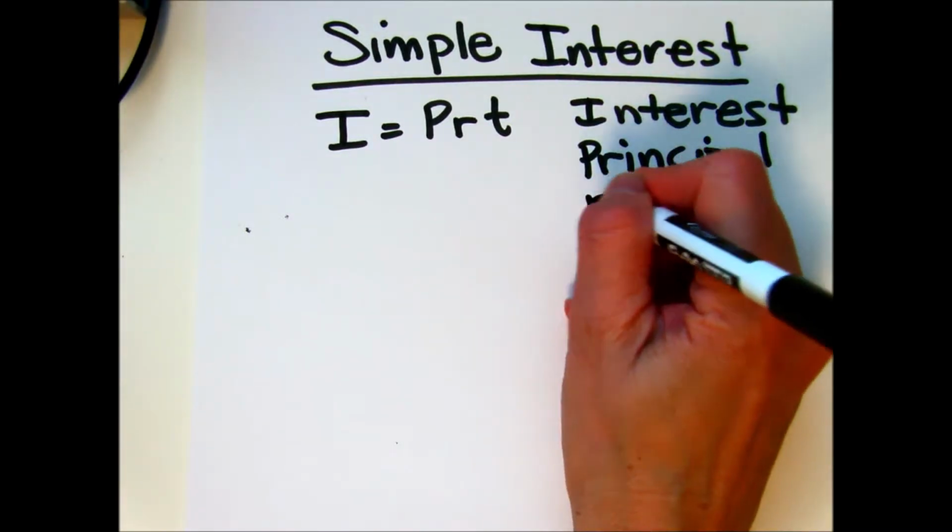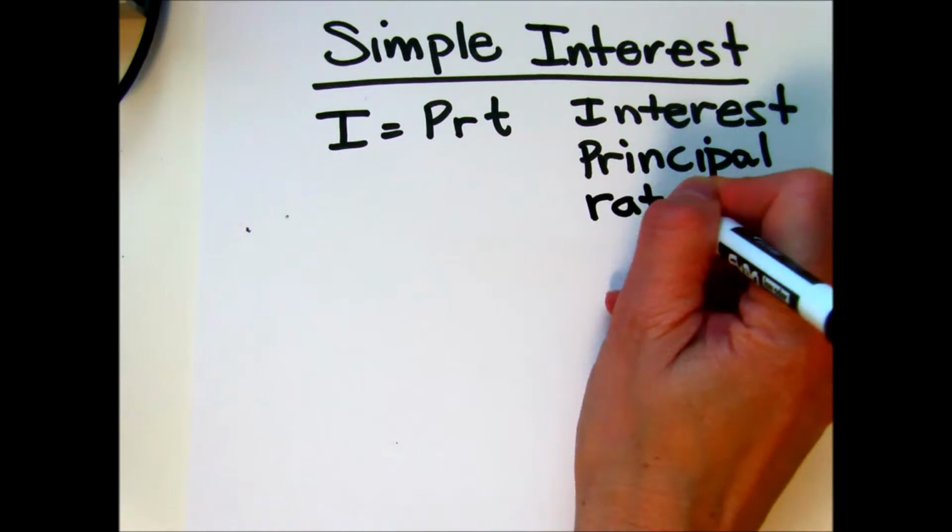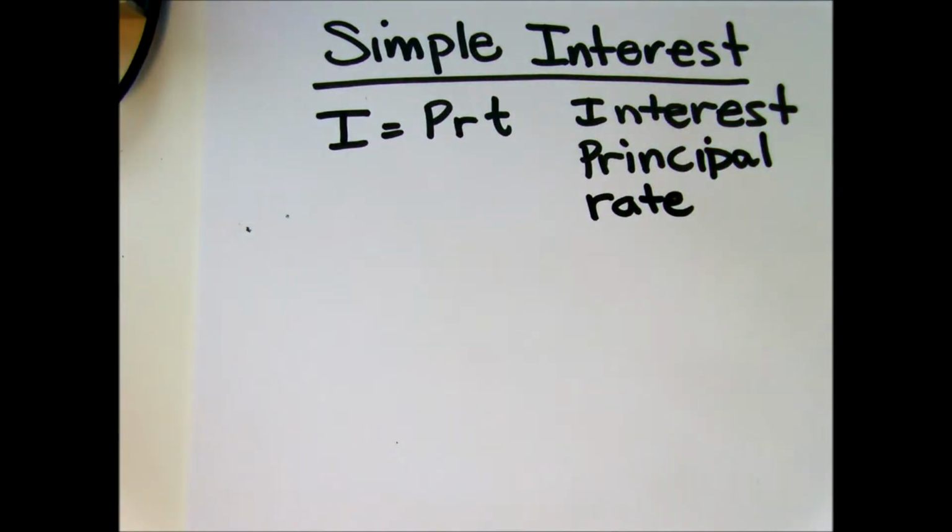Rate is for R. Now, in a lot of story problems, you'll see the rate as a percent. But when we're doing the calculations, you're going to convert that percent to a decimal.